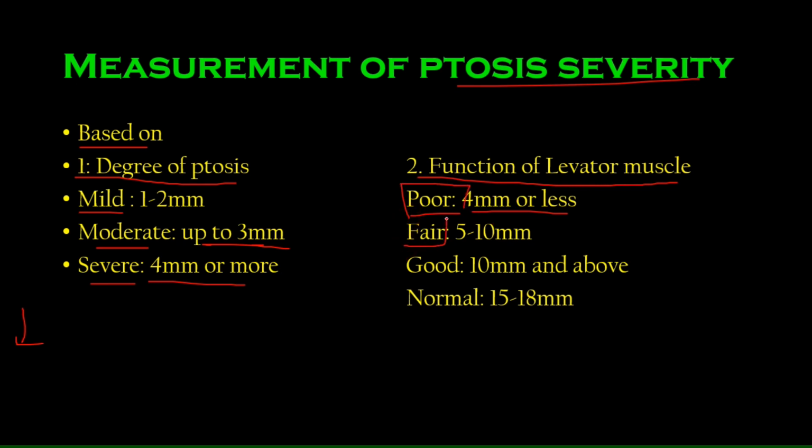A fair function of the levator muscle would be if it could pull up the eyelid 5 to 10 millimeters. A good functioning levator muscle would be able to pull it up 10 millimeters, and normally in the eye of a healthy individual, they can pull it up all the way from 15 to 18 millimeters.